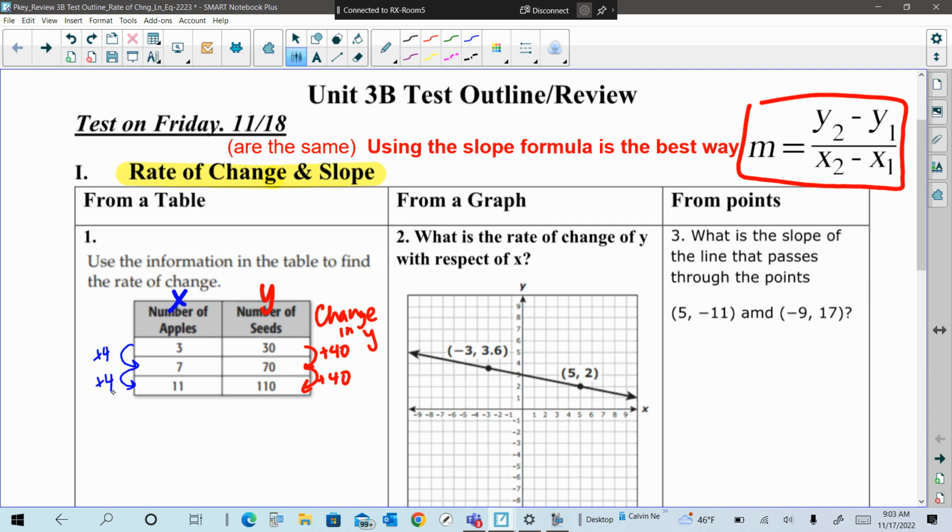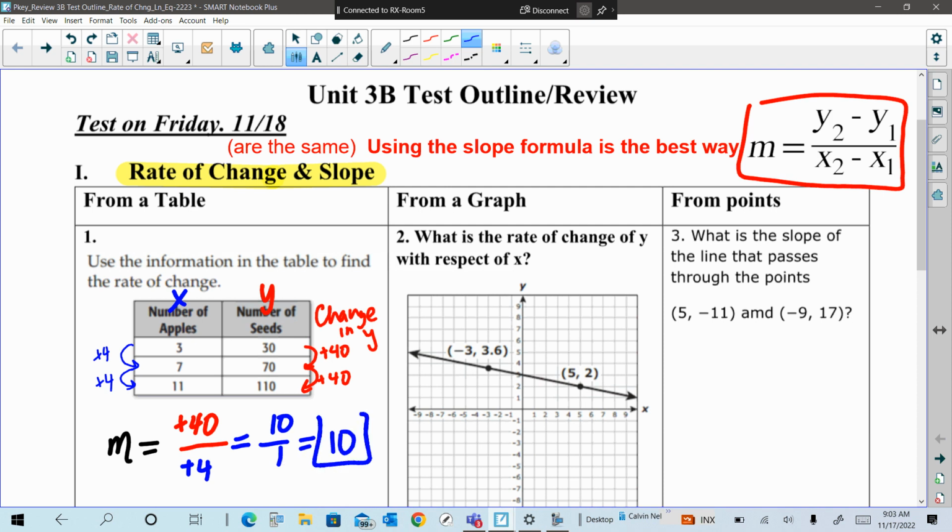Because you see the same amount every time, it's easy to write the change in Y over change in X, which would be your slope. M is your symbol for slope, so it would be plus 40 over plus 4, and then it would reduce to 10 over 1, which is just 10.